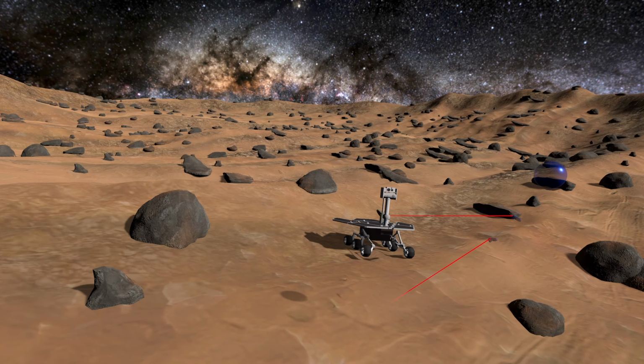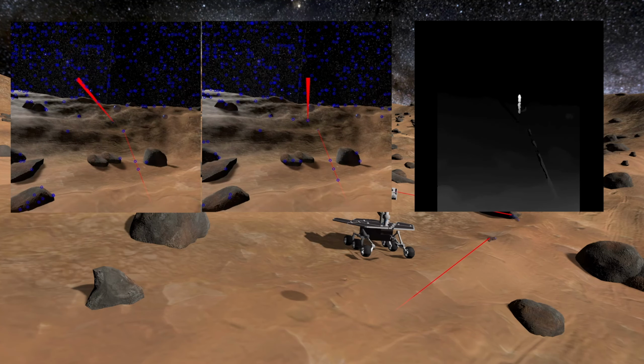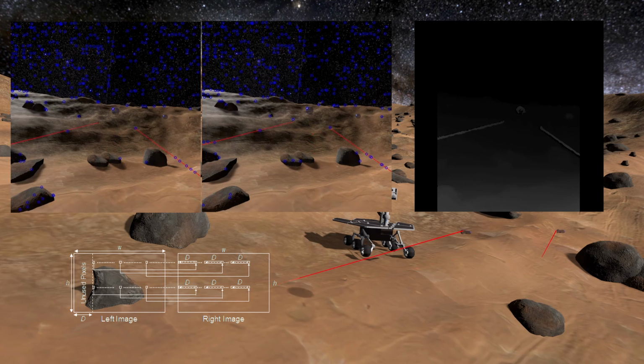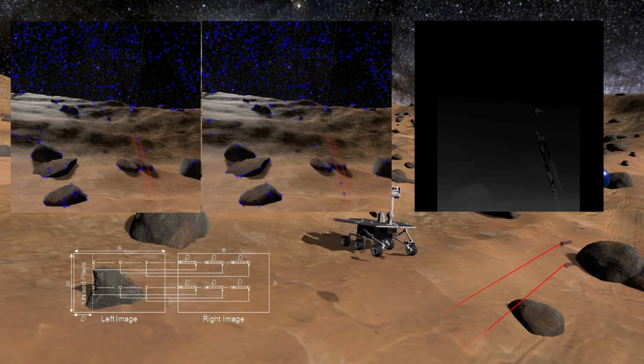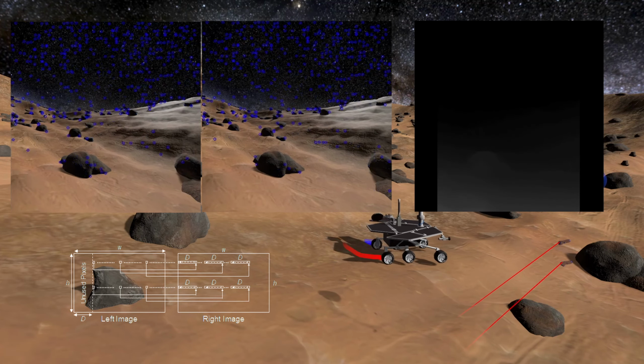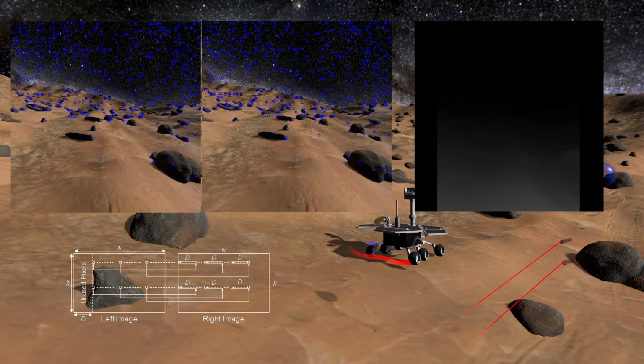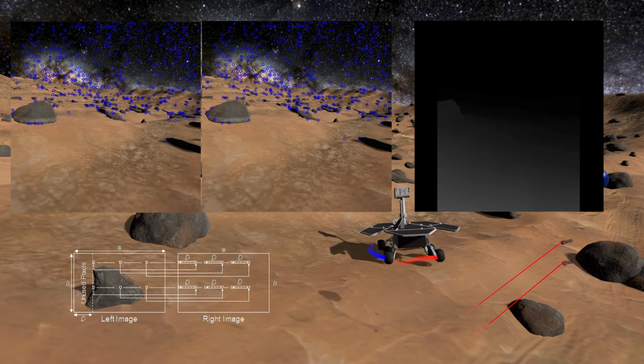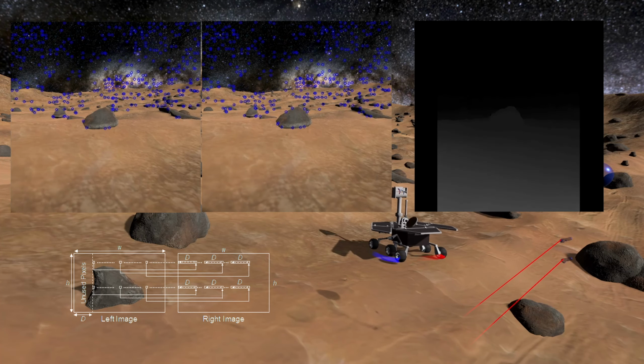In case of a stereo setup, the next step would be the computation of the depth map using a semi-global block matching algorithm. This algorithm basically goes along horizontal lines of the left and right image. We take a look at a small window of the left image and try to find the same pattern of pixels in the right image.